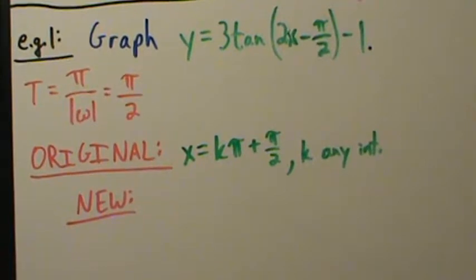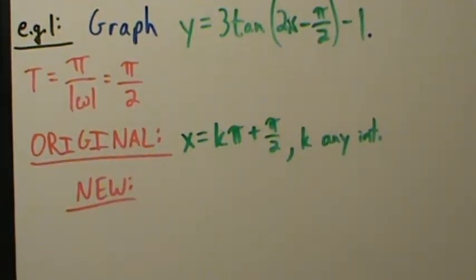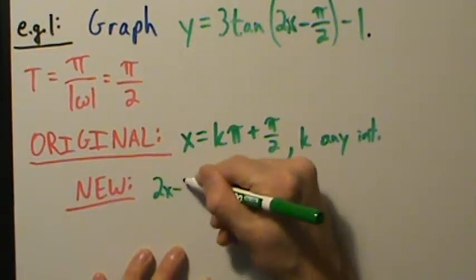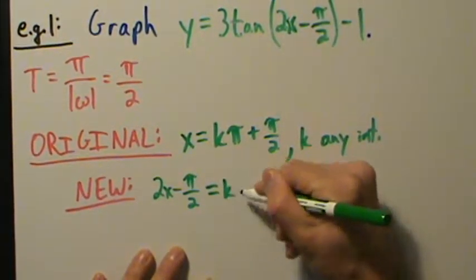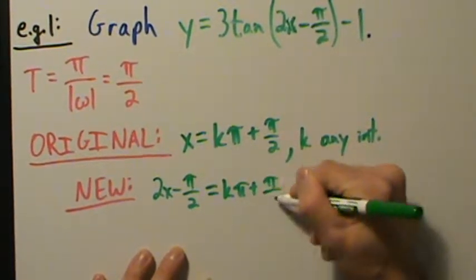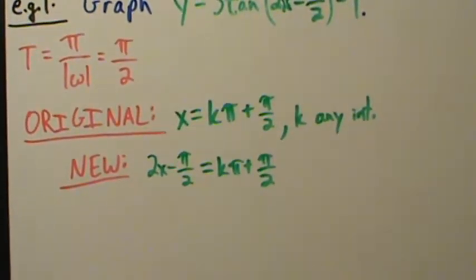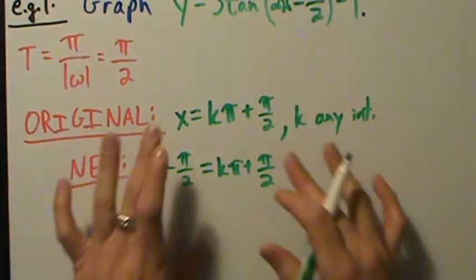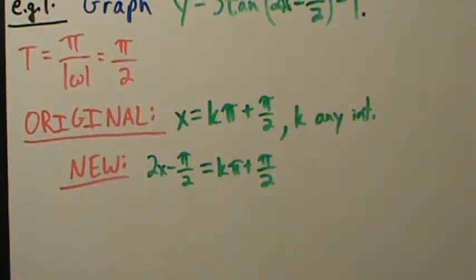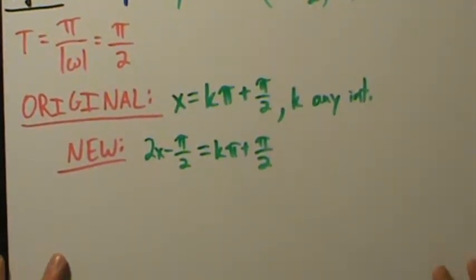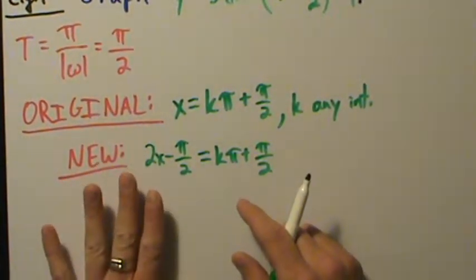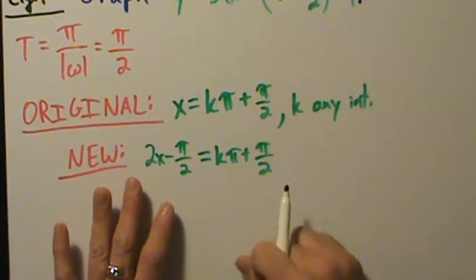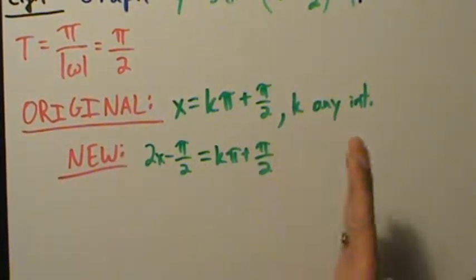So we take everything inside of the tangent, which is 2x minus pi over 2, and set that equal to k pi plus pi over 2. We went through this process in an earlier video and explained why, so we won't focus on it here. We'll just continue with the process. What we have to do here is solve for x. We want the general equation of the vertical asymptotes, so it has to be x equals something, because they're vertical lines.